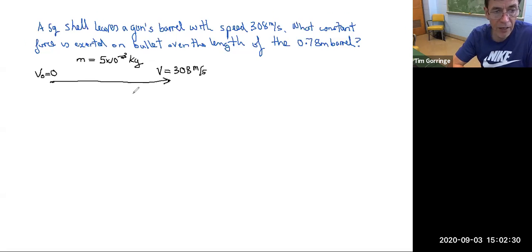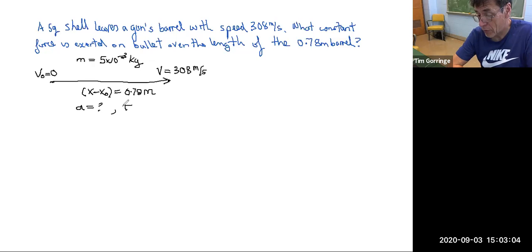The bullet is traveling a distance that is the length of the barrel, that is 0.78 meters. And we want to first figure out the acceleration, which is in the direction of motion because the bullet is speeding up.